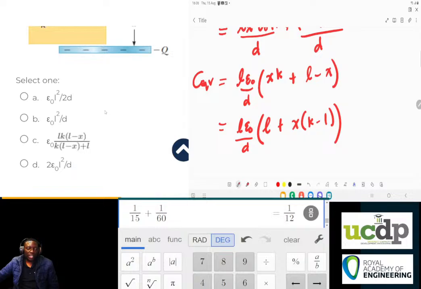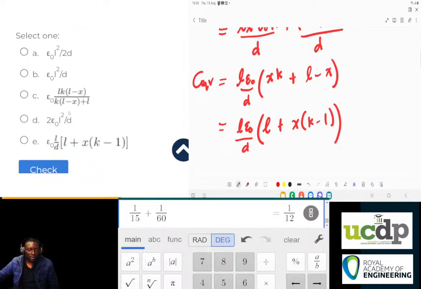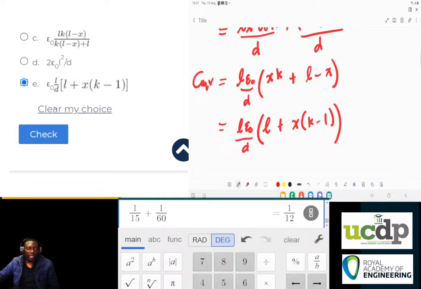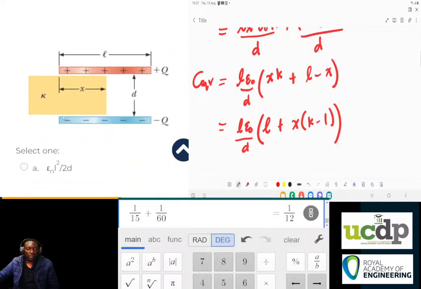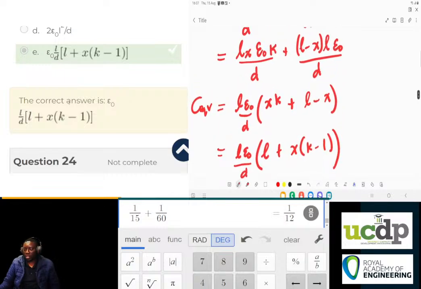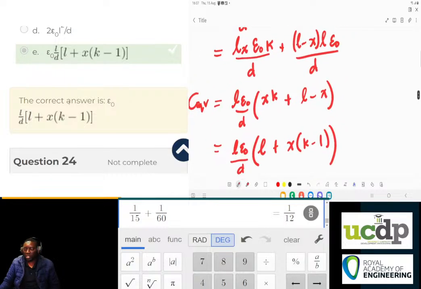Do you see anything similar there? Okay, there: E naught L over D with L plus X times K minus 1. So this is the correct answer. That's the expression for the equivalent capacitance of this setup.